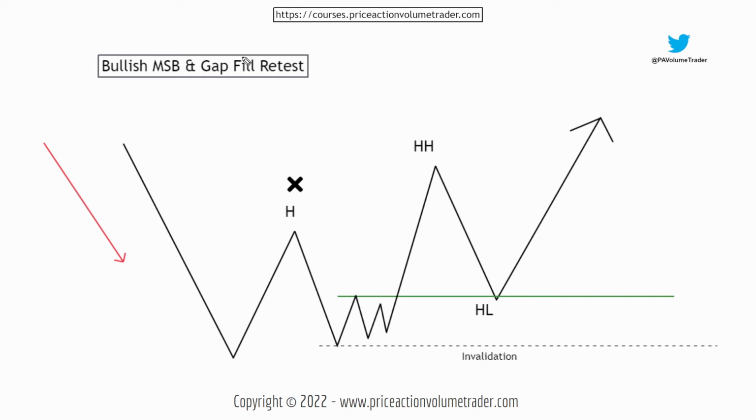But the main thing, as you can see, the two types of pullback that we're looking for on the bullish side is basically going to be, we expect either a bounce at the previous broken high or deeper down into the last consolidation or the last cluster of candles that led to the impulsive move that caused the market structure break.